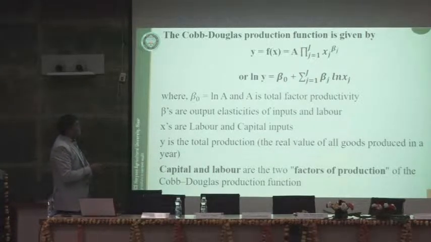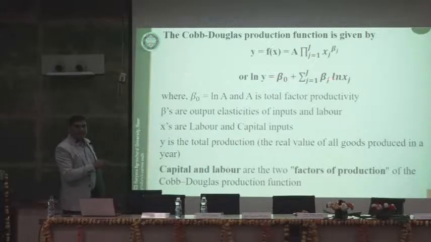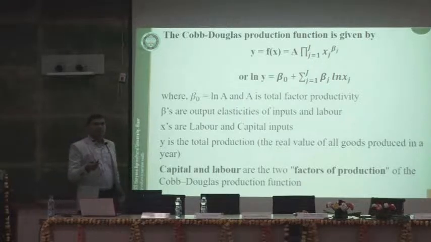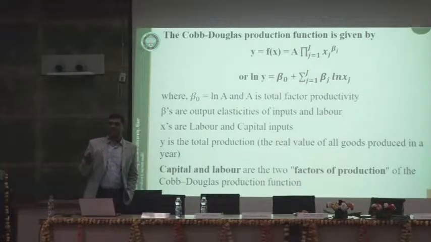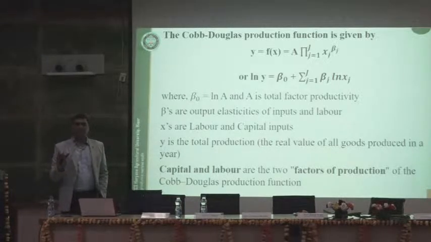So after taking the logarithm, this equation becomes this type of equation, that is, the linear equation. As we know, the logarithm is a monotonic function. Monotonic means, have you heard about monotonicity?